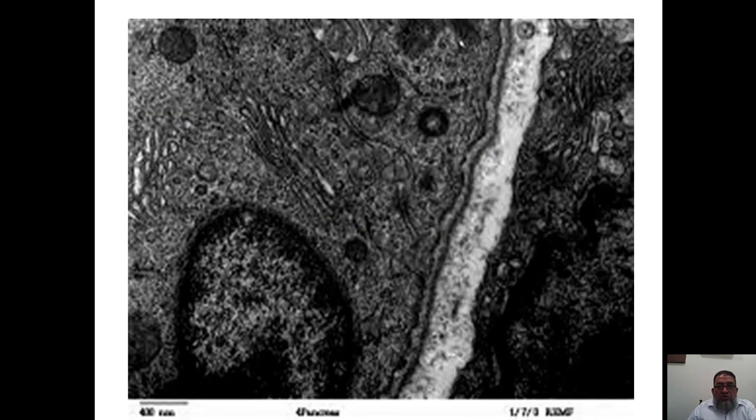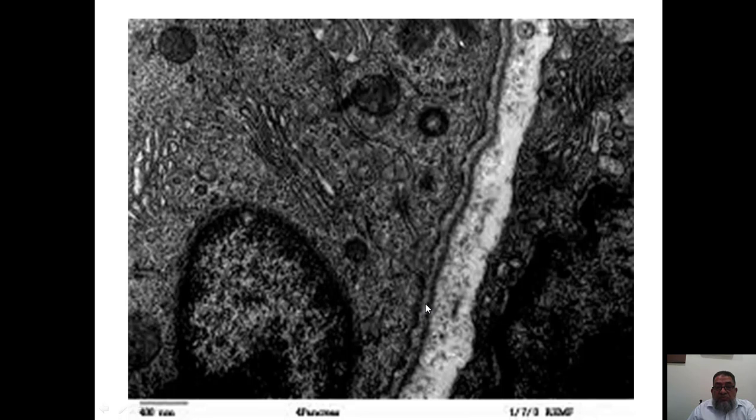In this diagram you see the trilaminar pattern of a cell membrane: an inside lamina, an outside lamina, and in between the translucent, transparent area. So this membrane is called a unit membrane.